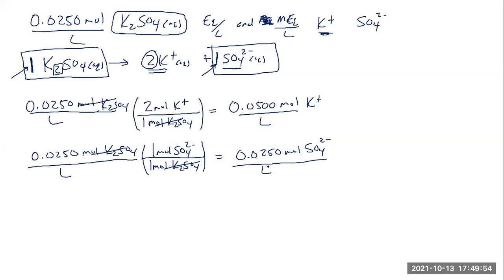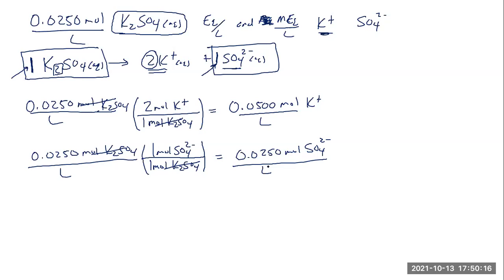So really all I've done at this point is, because I'm not interested in the whole thing by itself but in each of the individual ions, I'm just getting from the whole thing to each ion to have the concentration we're looking for. Now we can get to the part where we change it to equivalents per liter.